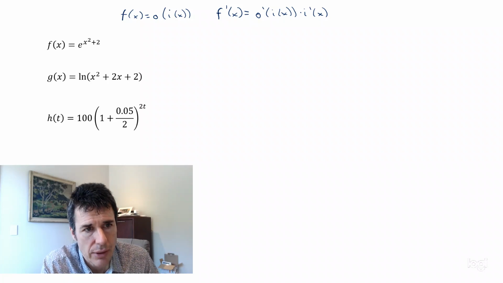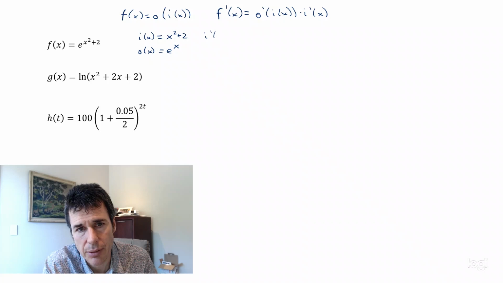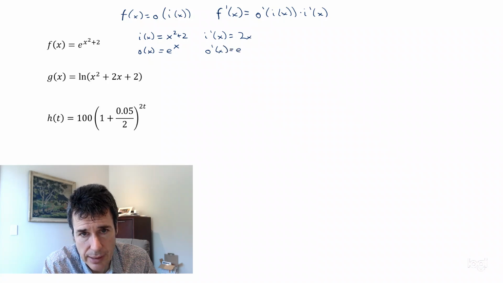Okay, so this first example, we're going to choose our inner function to be x squared plus 2 and our outer function to be e to the x. Now we'll just write down the derivatives. So the derivative of the inner function is 2x, and the derivative of the outer function is simply e to the x.